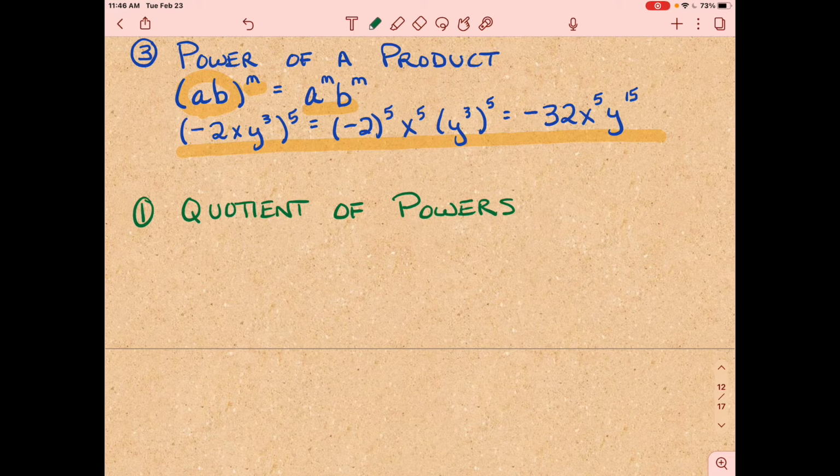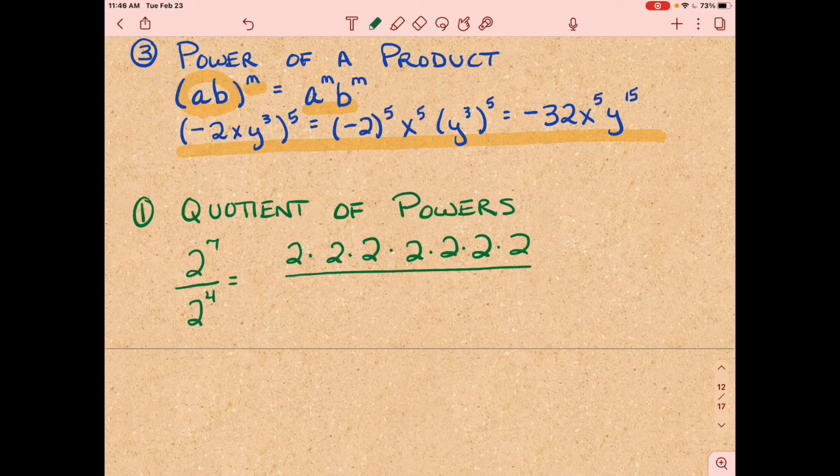So notice if I have something like this, 2 to the 7th over 2 to the 4th, that would be something like 2 times 2 times 2 times 2 times 2 times 2 times 2. That should be 7 2s. Over 2 times 2 times 2 times 2.